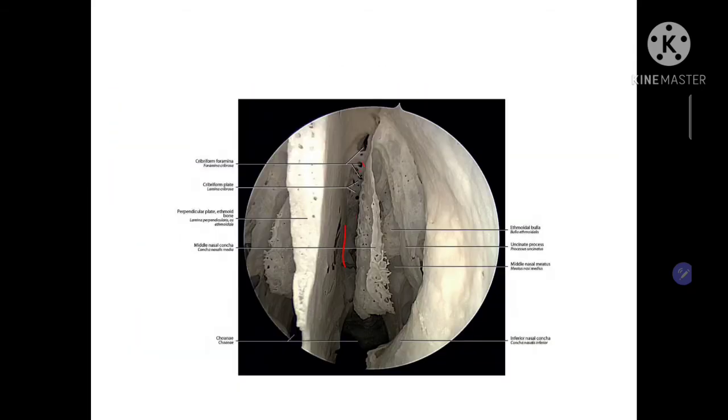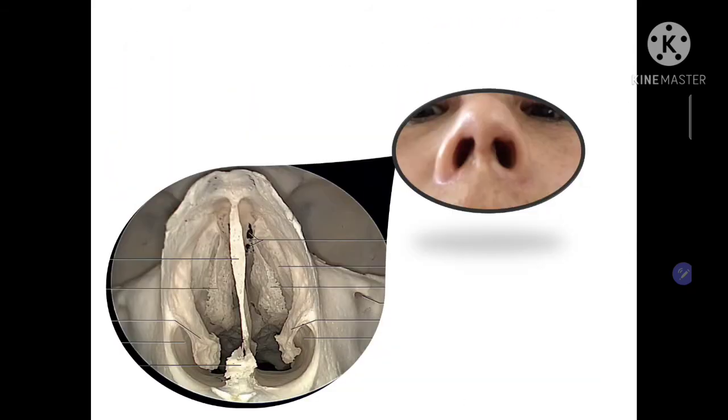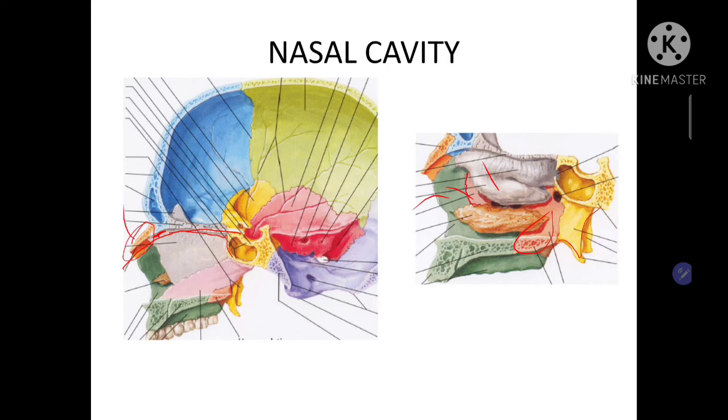So the superior wall: nasal bones, spine of the frontal bone here, cribriform plate or lamina cribrosa, and so now we have here the middle wall.